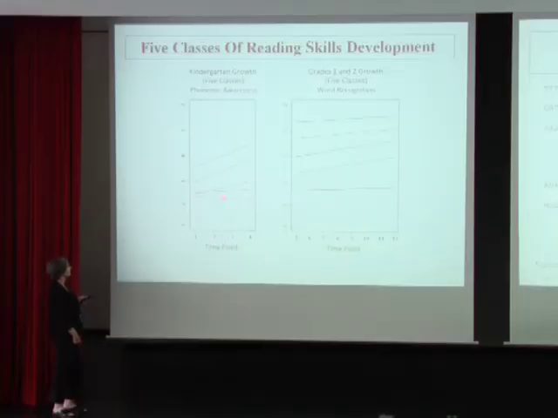The solid line is representative of the solid line over here. So they mean the same. So these are the students that we're interested in. They start low at the end of kindergarten. Nothing's really happened. They go into 1st grade, and they just sit there.